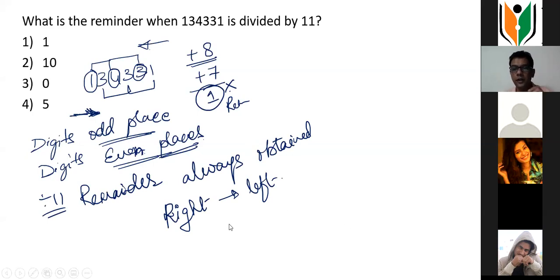Only when you do odd places and even places from right to left can you obtain the remainder.